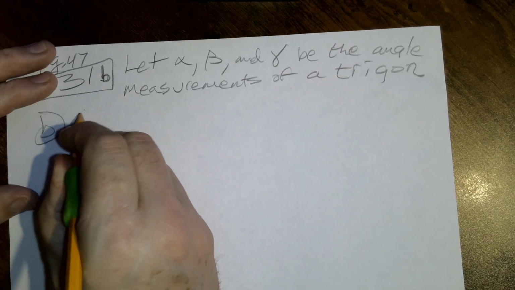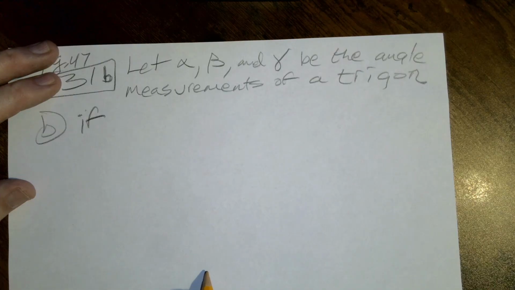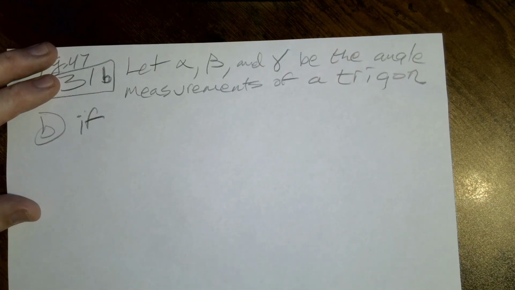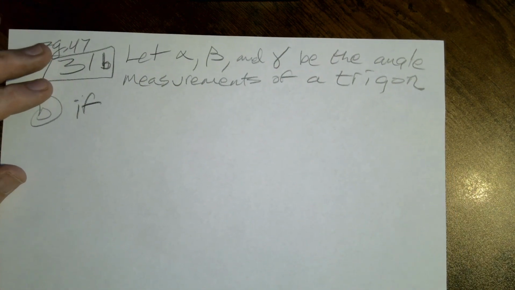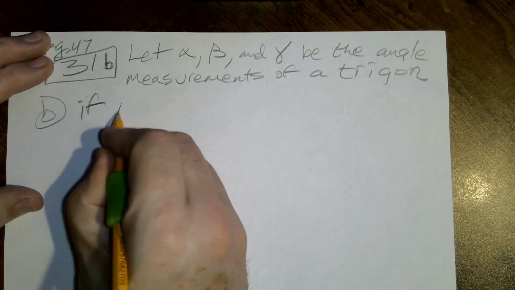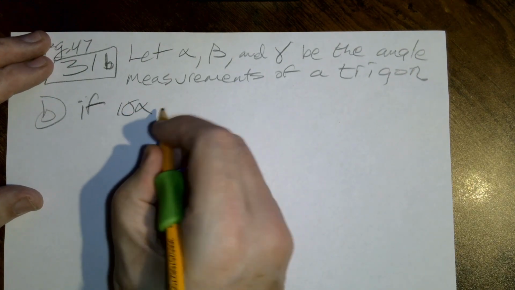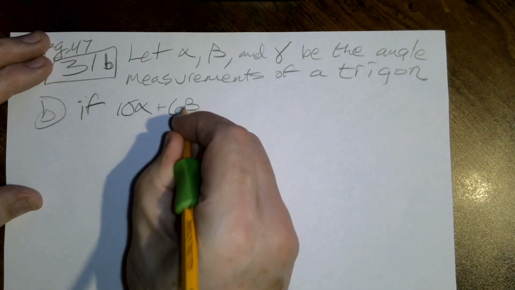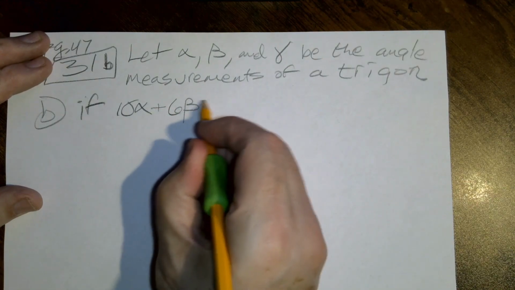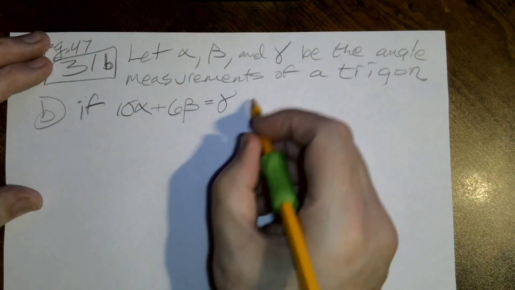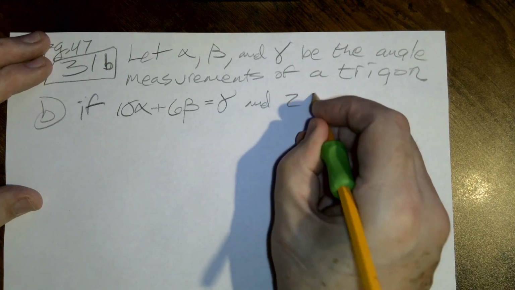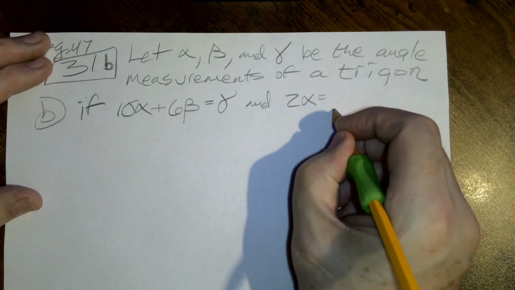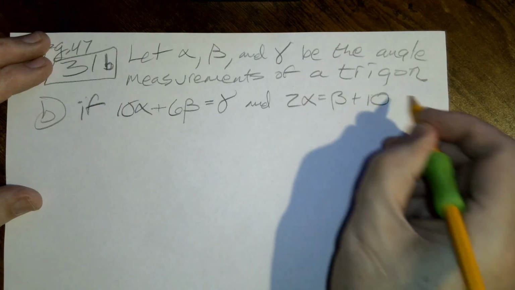So, what situation do they give us here? I think it's if 10 alpha plus 6 beta equals gamma, and I think they say 2 alpha equals beta plus 10.